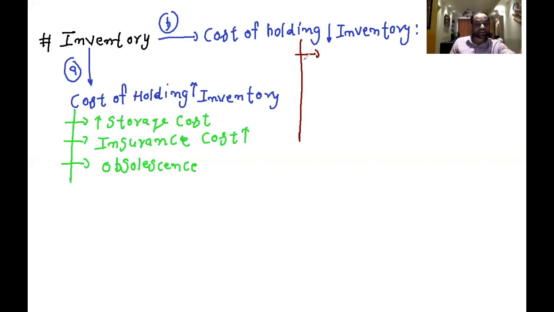As a result, your revenue will be negatively affected. You will lose your revenue, right? So if you're holding less inventory, you have loss of customers, and your sales and revenue are negatively affected.